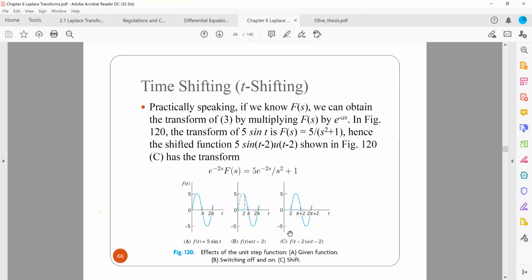So if we shift this, if we say our function is now sin(t minus 2) u(t minus 2), then its transform is going to be exponential to the power minus 2s times F(s). So we'll have to multiply this by exponential minus 2s.